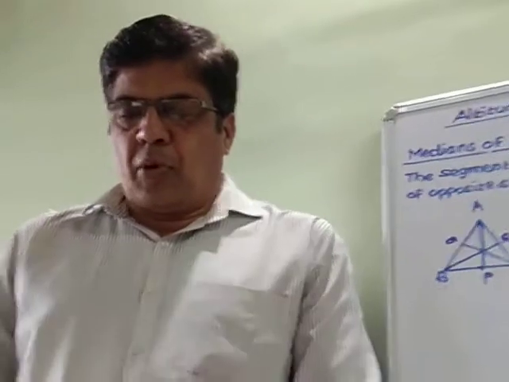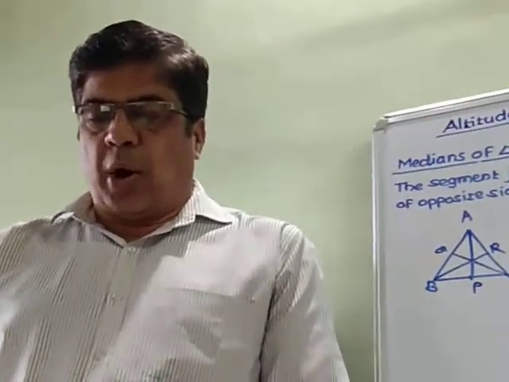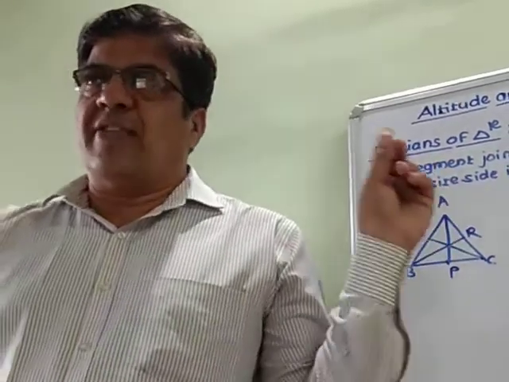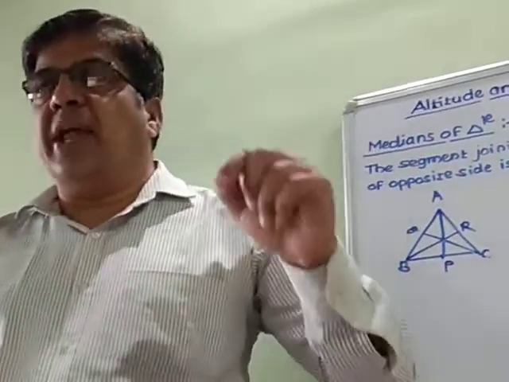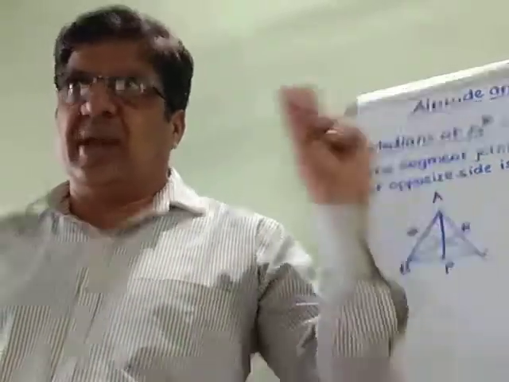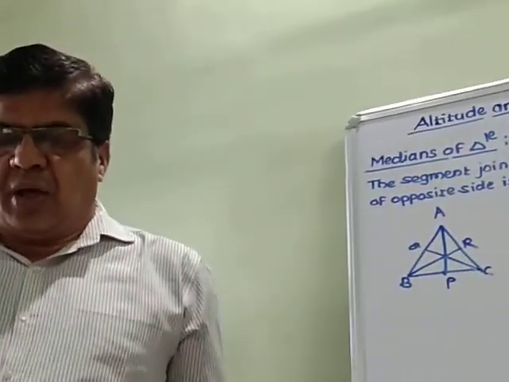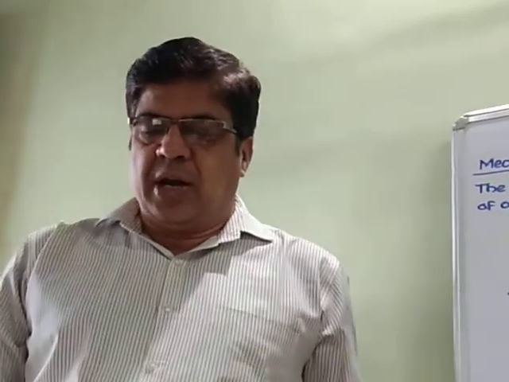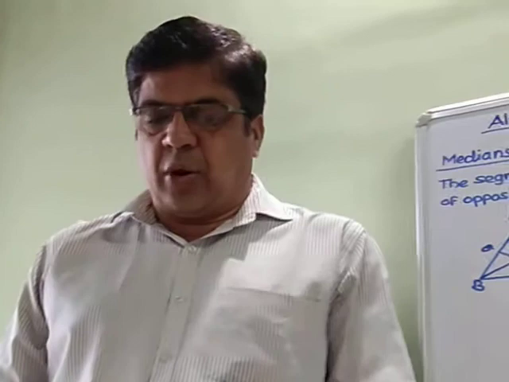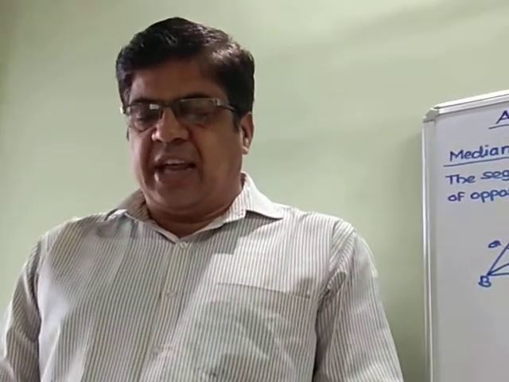Medians of a triangle are concurrent. The point of concurrence is called the centroid, and for altitudes, the point of concurrence is called the orthocenter. For medians, the point where the three medians meet in one point is called the centroid, usually denoted by G. For any triangle, the centroid G is always in the interior of the triangle.